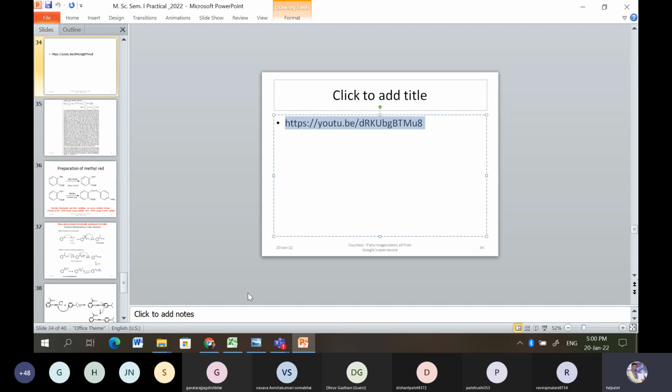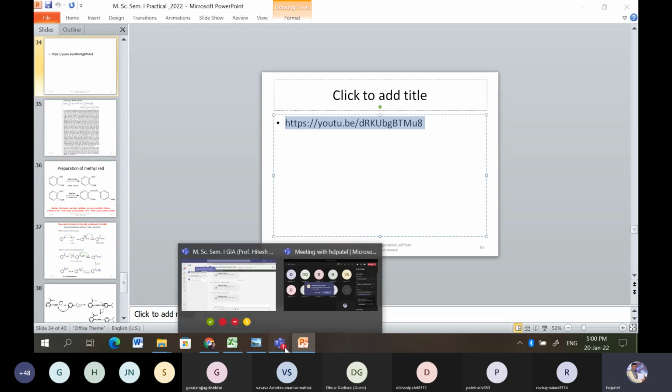As per the task given to me, I have completed nitration and diazotization, 2 reactions for nitration and 2 reactions for diazotization. So total 4 practicals are covered by me. If you have any question or query, you can ask right now.